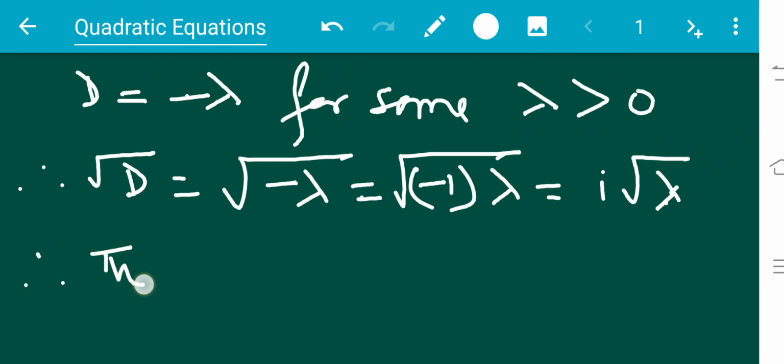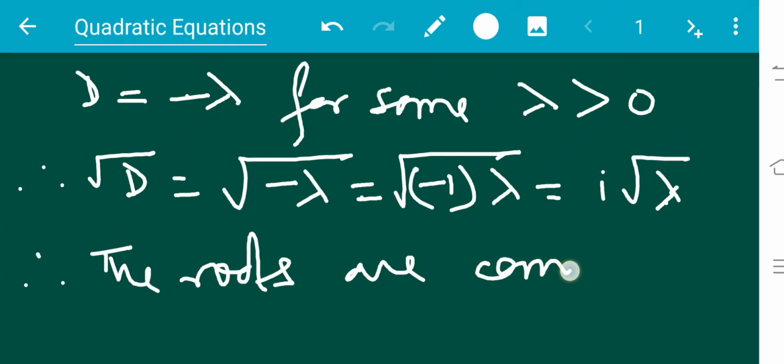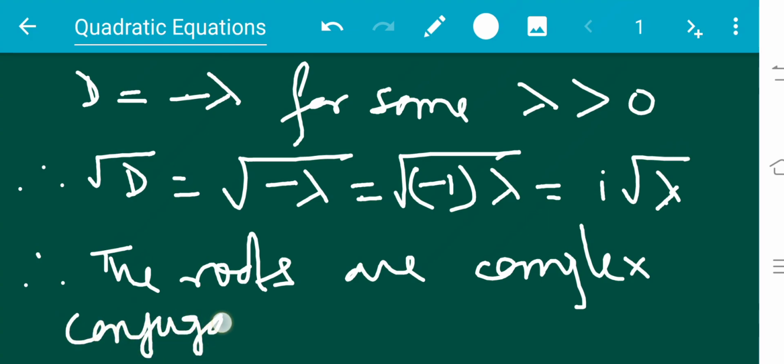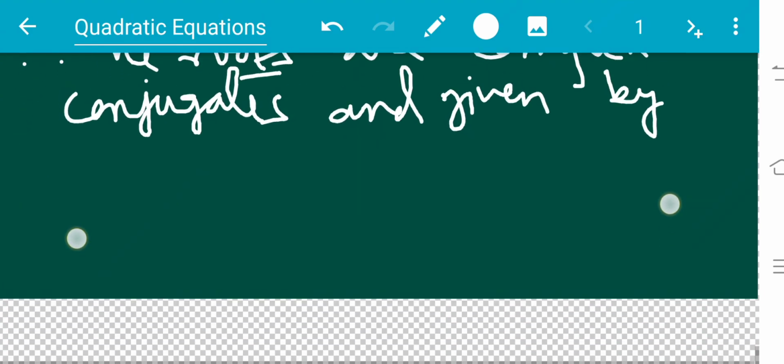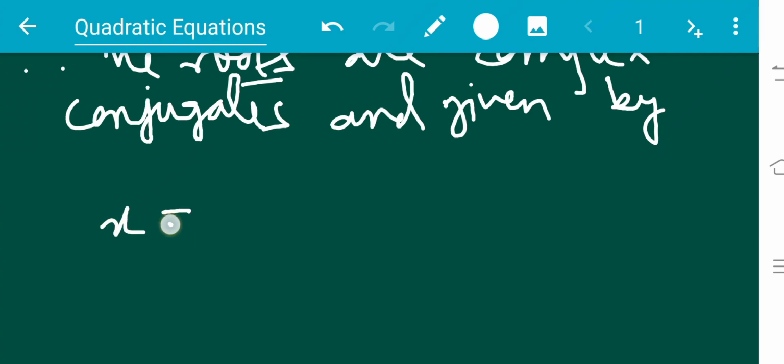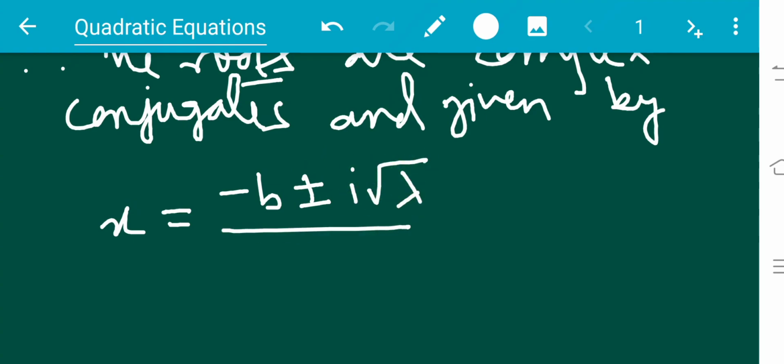Therefore the roots are complex conjugates, and given by minus b plus or minus i root lambda divided by twice a.